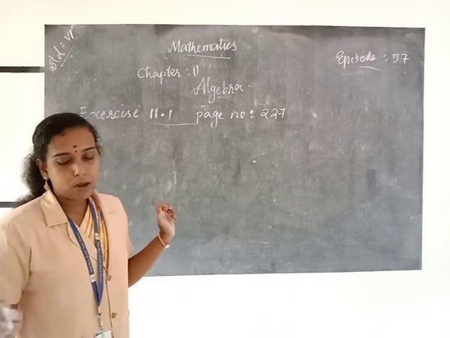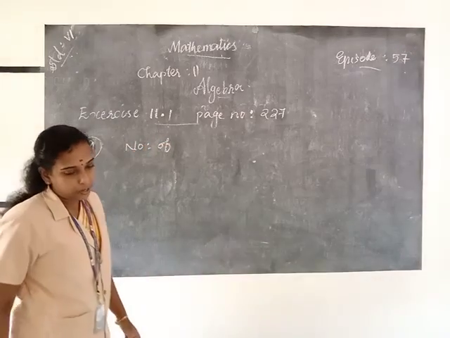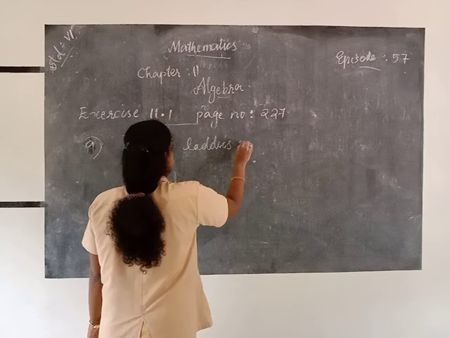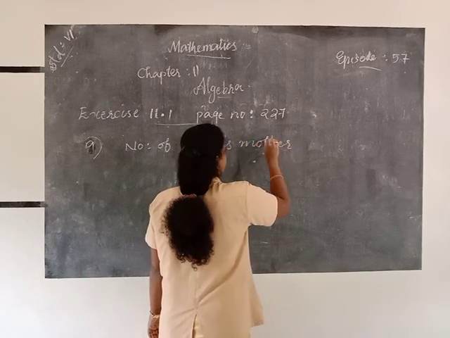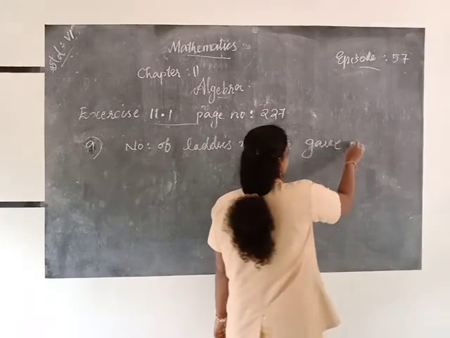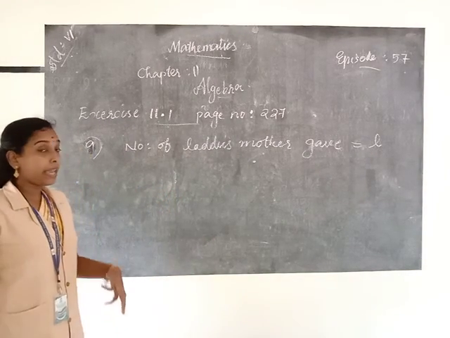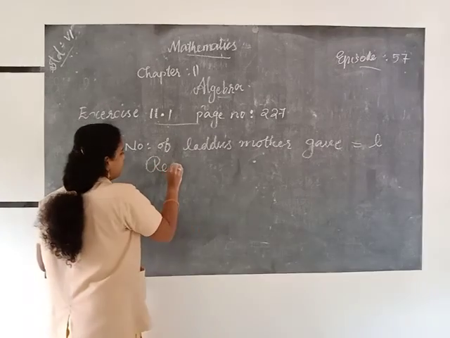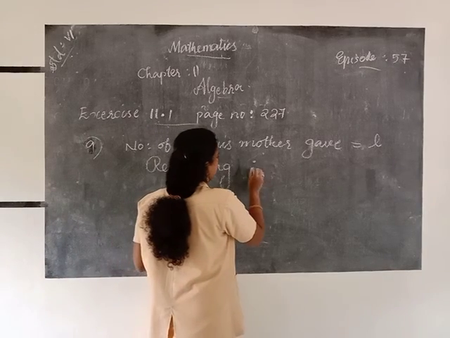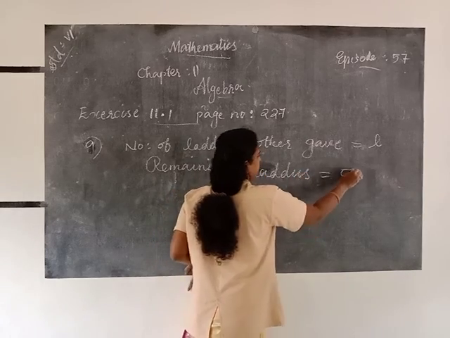So the first step is the number of laddus mother gave. Let L be the number of laddus given by mother. The remaining laddus is equal to 5.